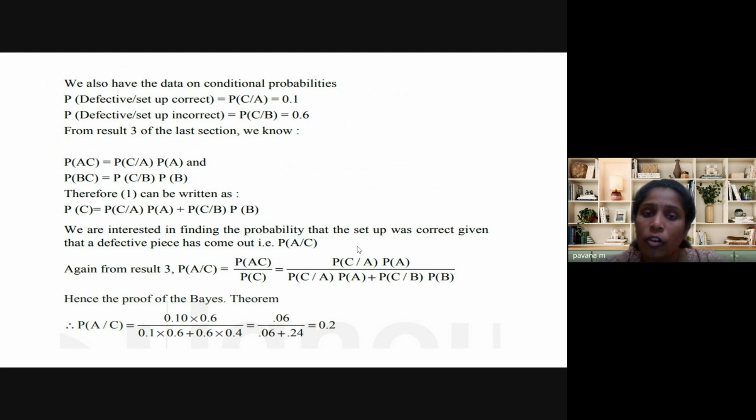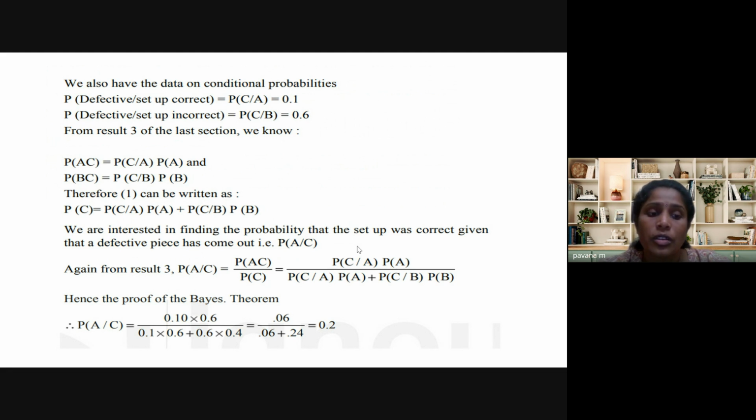So we have P of A, P of B, P of C by A, P of C by B. Now you have to calculate P of A intersection C. The formula is P of C by A into P of A. And for calculating B intersection C, you have the formula P of C by B into P of B. If you want to know how many defective items there are, you have to consider both situations, the machine set correctly and the machine set incorrectly.